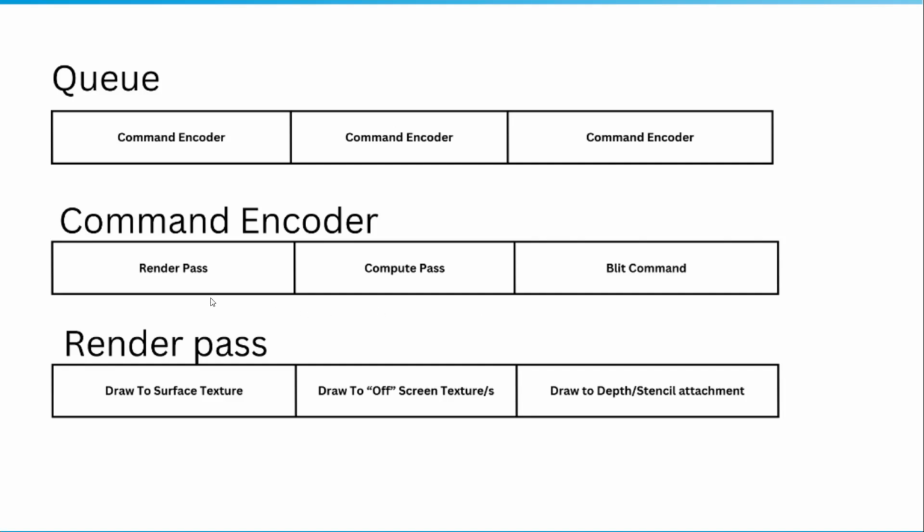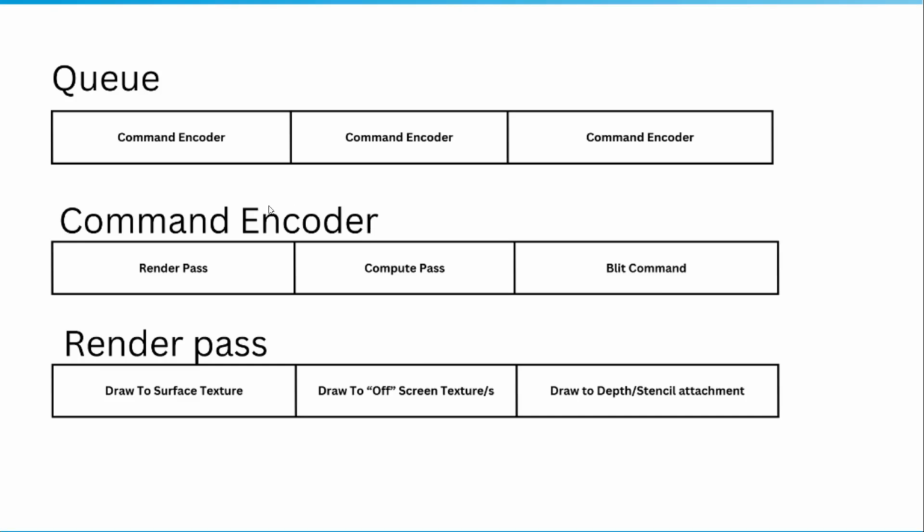Then when we're done, we have created our render pass from the command encoder. So we can create a render pass, compute pass, blit command. Blit command is what I mentioned. It's for copying texture to texture. So these are transfer operations. What we're concerned with mostly is going to be the render pass, and we might cover compute and blit a bit later on.